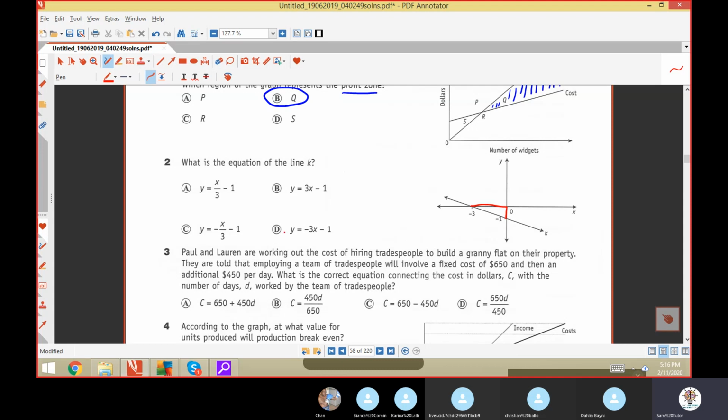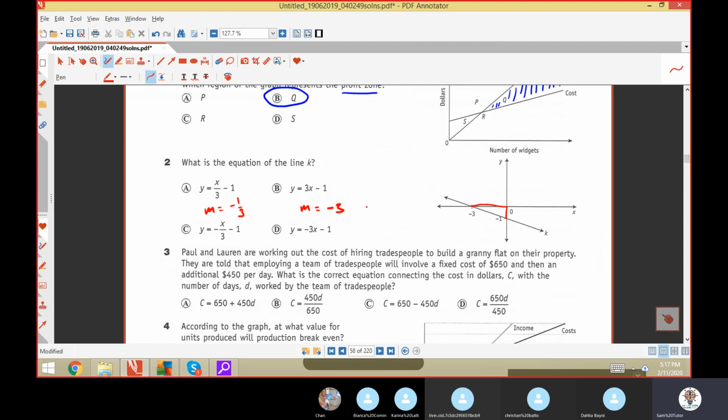Did you solve it? The line's going. What's the difference between C and D? The value in front of x. For this one, this one here, m is equal to -1/3, and m here is equal to -3.